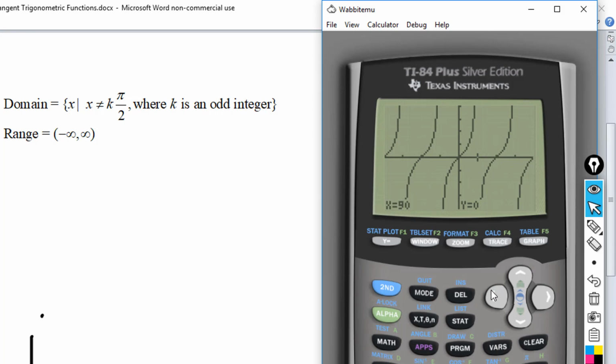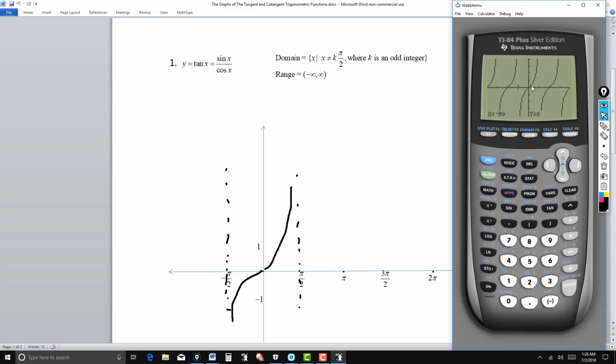And then if I go to the left, again, go through 0, and then I get to negative 90 or negative pi over 2 over here. So you have your vertical asymptote here. You can see how it repeats. So we have a period from minus pi over 2 to pi over 2 as your main period, and that of course has a length of pi. Okay, so let's clear this now.